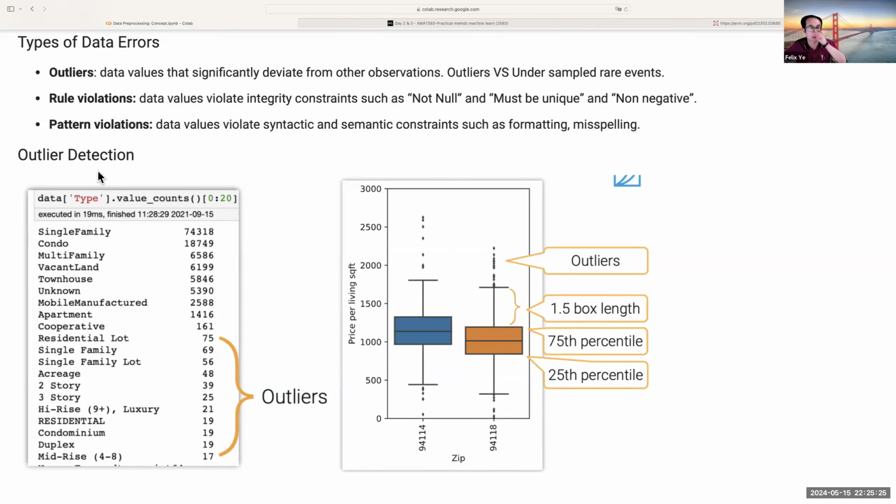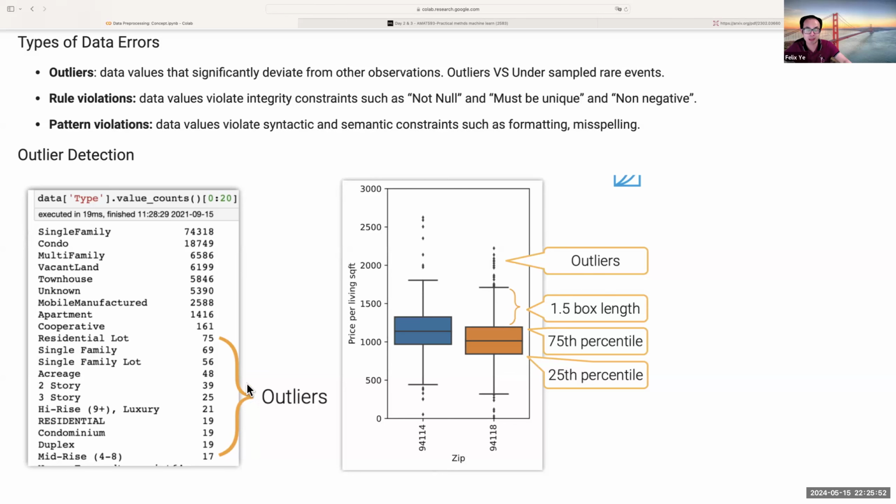You can see the value counts for the first 20 different types of house. Most of them are concentrated in the top maybe 10, but the rest only have less than 100 counts for those types, and we consider them outliers of the types.